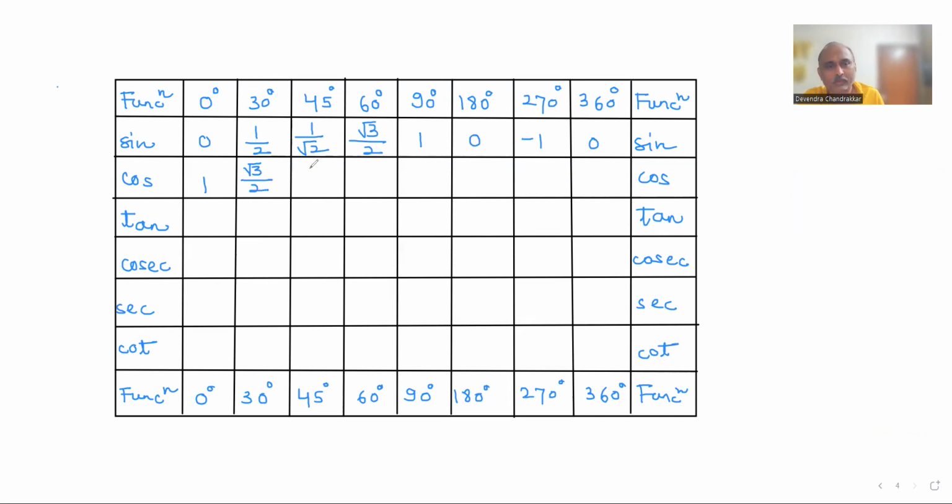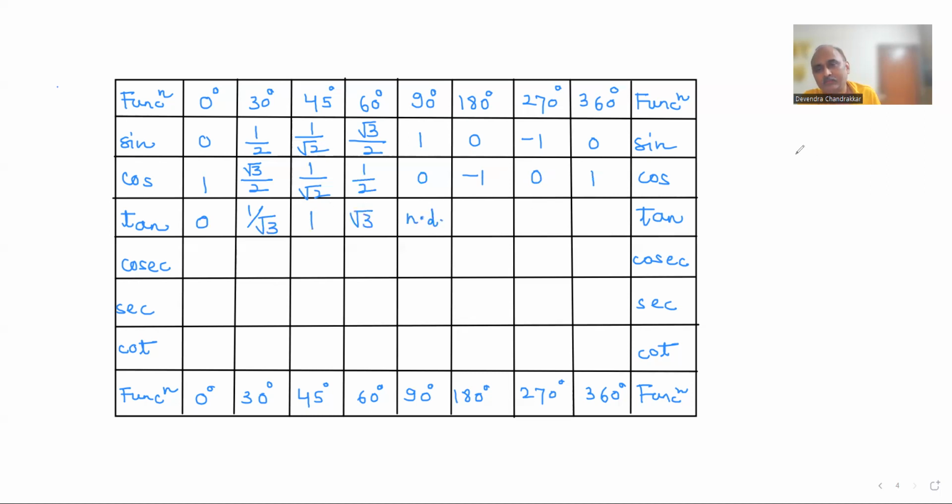So cos of 45 is again 1 by root 2. This is 1 by 2. Cos 90 is 0. Cos 180 is -1. Cos 270 is 0. Cos 360 is 1 again. For tan: this will be 0, this will be 1 by root 3, this is 1, this is root 3, and this is not defined.